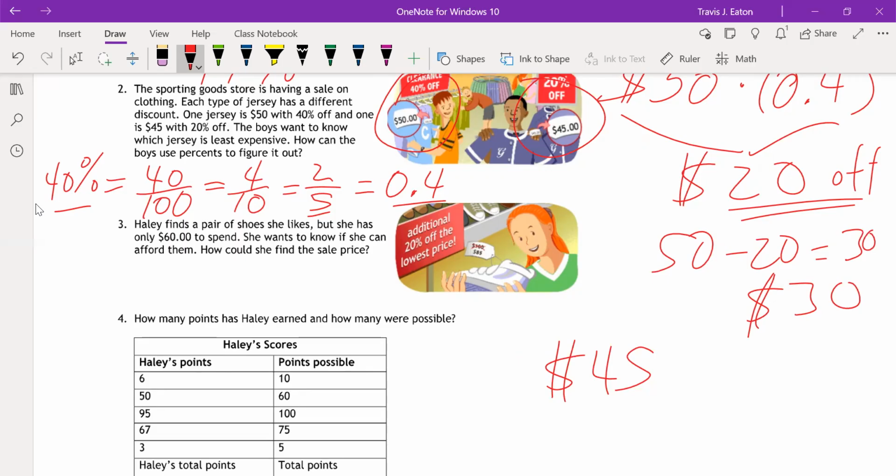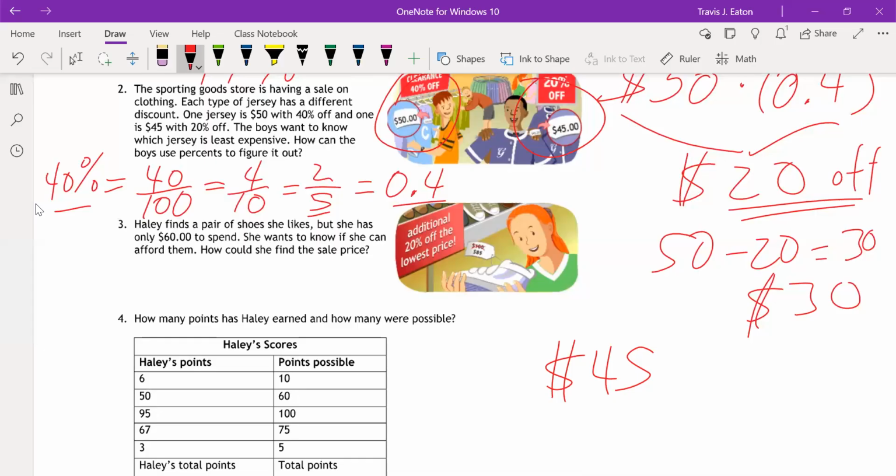So what we are actually finding here is, if you're taking 20% off, you are paying 80% of the price. If you're paying full price, you're paying 100%. But if you take 20% off, so 20% off means 80%. Does that make sense? 100 minus that 20% is 80%.